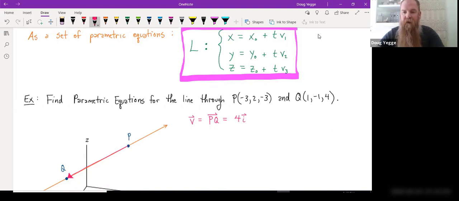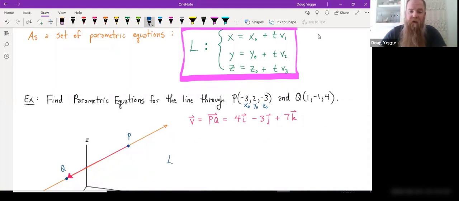Then negative 1 minus 2 is negative 3j. Then 4 minus negative 3 is 7k. So since we now have a direction, and we also have an initial point, whether I call this the initial point, or really I could use Q if I choose to as well, all I need is any point that I know lies on the line.